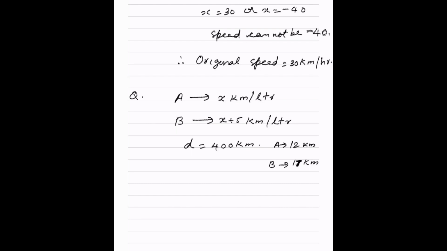So B can cover more distance. 17 kilometers are traveled by B in 1 liter of petrol, whereas A can travel only 12 kilometers. So B can travel 5 kilometers more with the same amount of petrol.